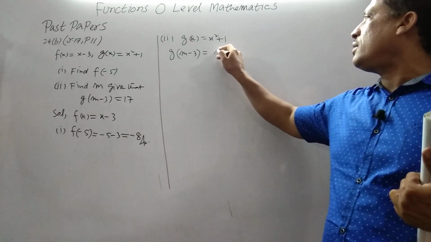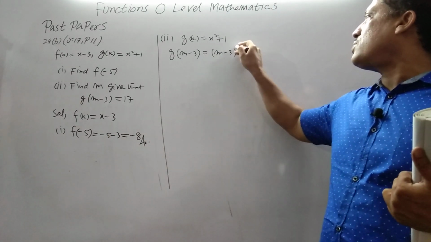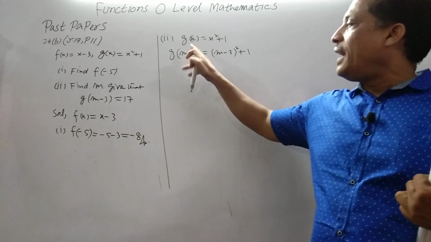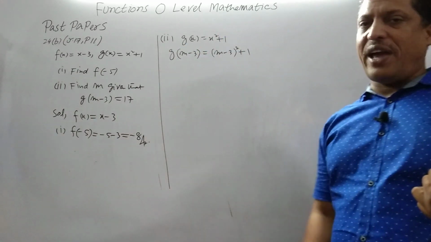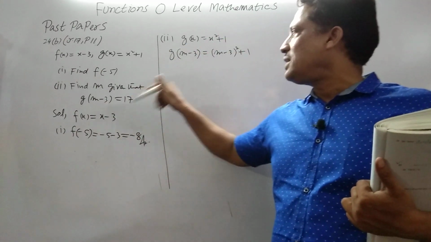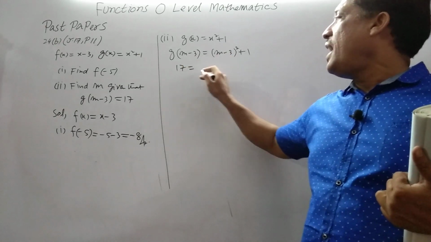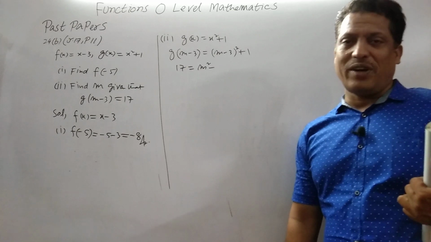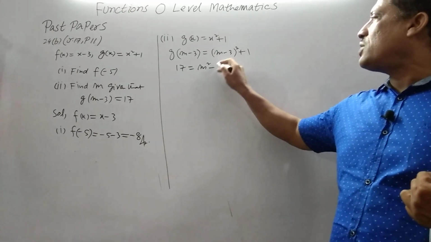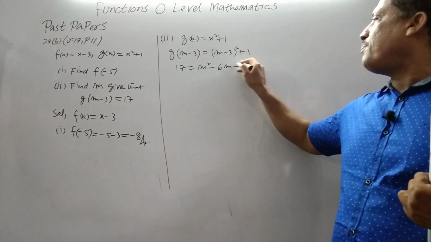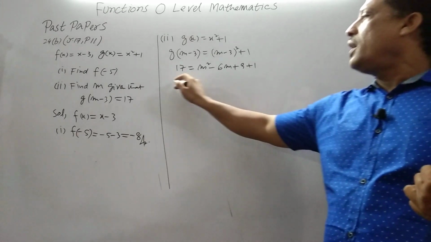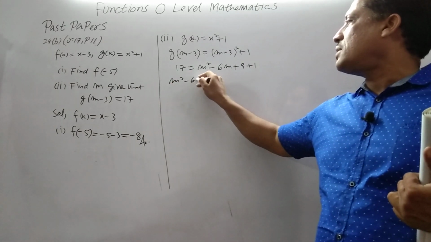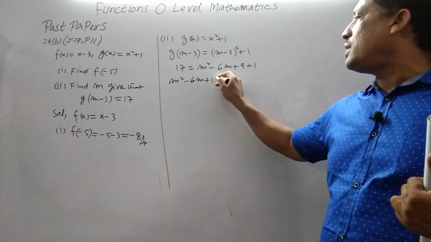So (m minus 3) square plus 1, and the value of this whole g of m minus 3 is given as 17. Apply the (a minus b) whole square formula: a square minus 2ab plus b square. m square minus 6m plus 9 plus 1. m square minus 6m plus 9 plus 1 is 10.